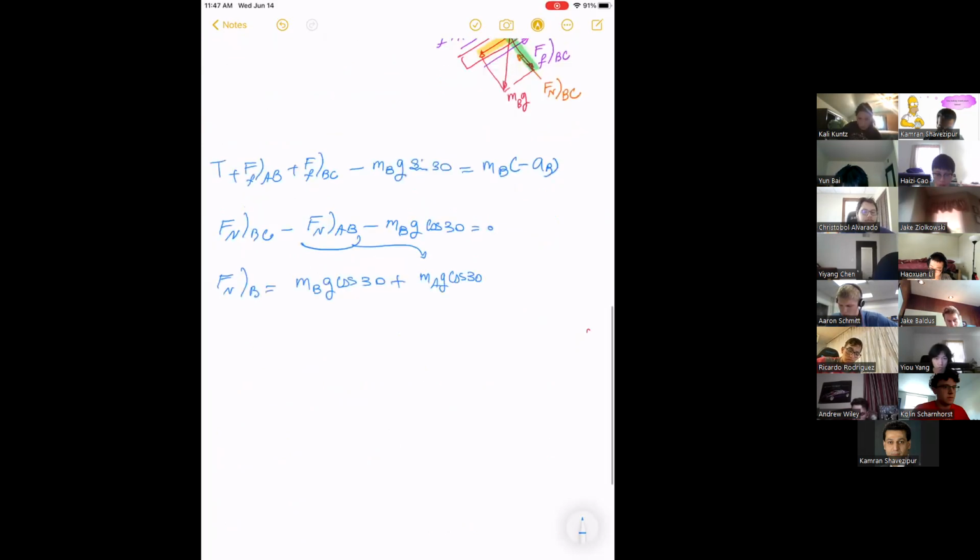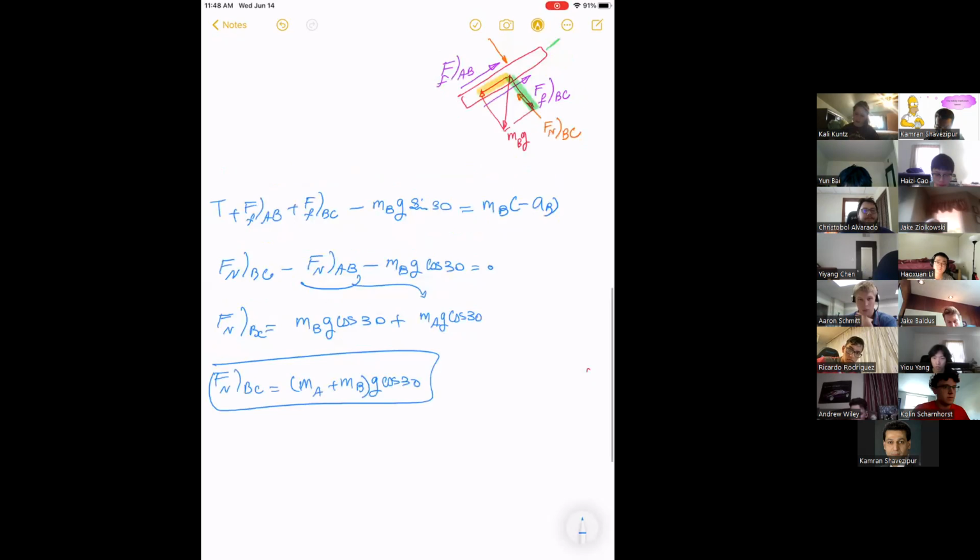So if you simplify this, FNBC is going to be MA plus MB G cosine 30. Any question up to here? Now I'm going to find the friction force between B and C, FF BC. It's going to be mu BC. You remember friction is coefficient of friction times normal force times this.